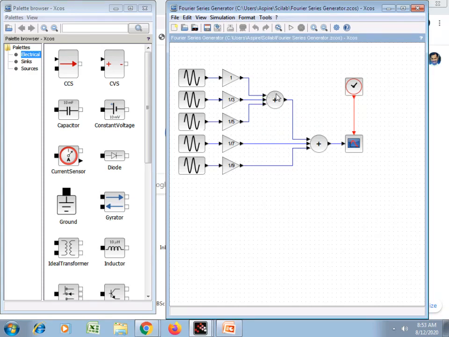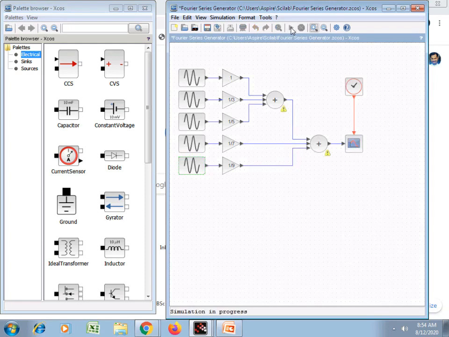These blocks will add the inputs, set the frequencies for 10, 30, 50, 70 and 90 odd harmonics, and the corresponding amplitudes are 1, 1 by 3, 1 by 5, 1 by 7 and 1 by 9. The resultant of these waves should be a square waveform because it forms a Fourier series for a square wave.